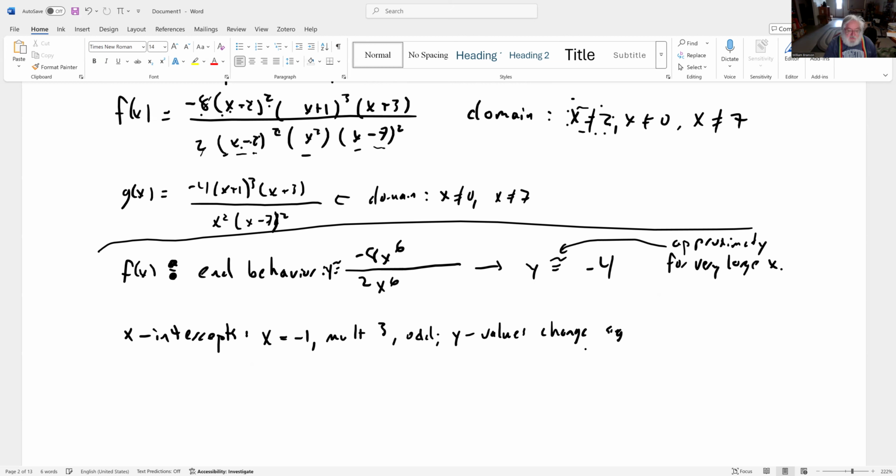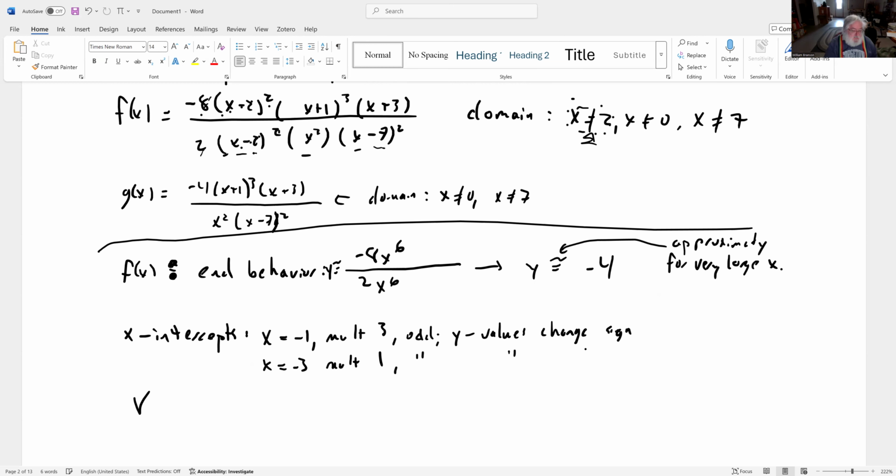We go through the x-axis. And x equals -3 with multiplicity 1, which is odd, so the y values change sign. X equals 2 we'll be a little bit careful about because that's in our list of forbidden points.